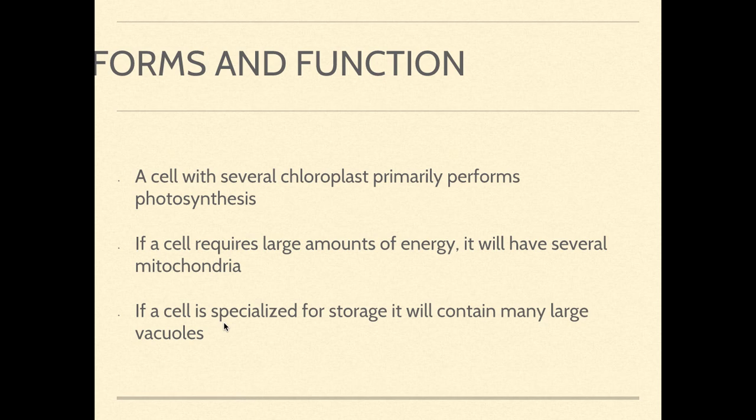In plants, if it's a cell that is storing something, like let's say water, which is a needed ingredient for photosynthesis, it's going to have large vacuoles. So you can sort of tell what the cell does based on what it has. All you have to do is bridge this gap between, all right, what does the organelle do? That will reflect what the cell's job is.